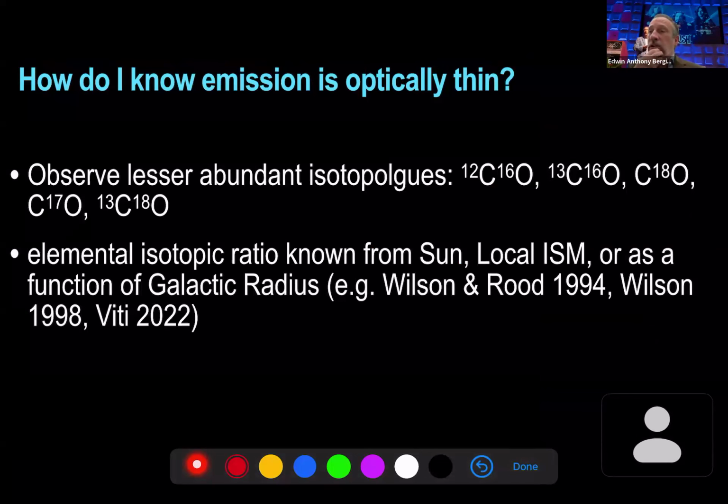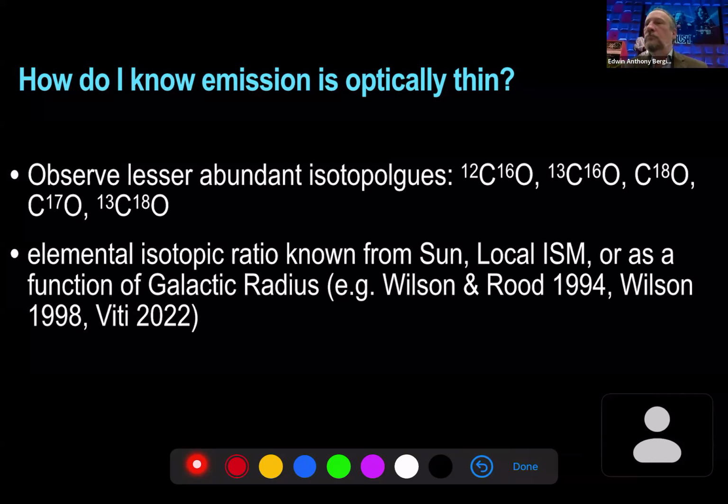All right. Well, I'm going through this stuff, and there's so many layers here. Another layer is, well, how do I know emission is optically thin? And well, the beauty of molecules is I can observe different isotopologues of the same molecule. They have lower abundances. The optical depth depends very acutely on the abundance.